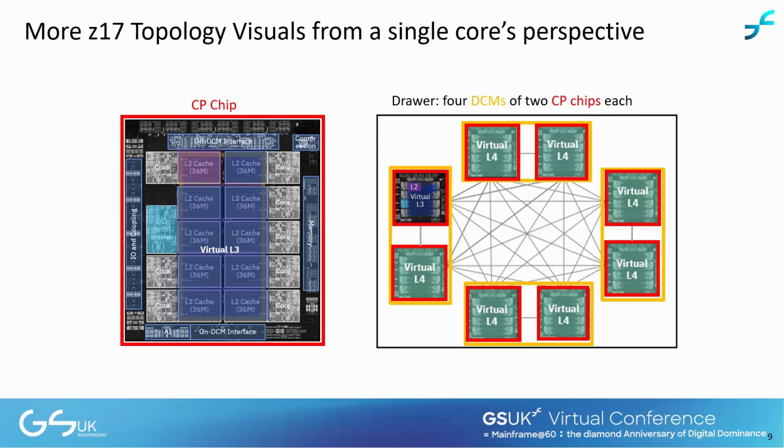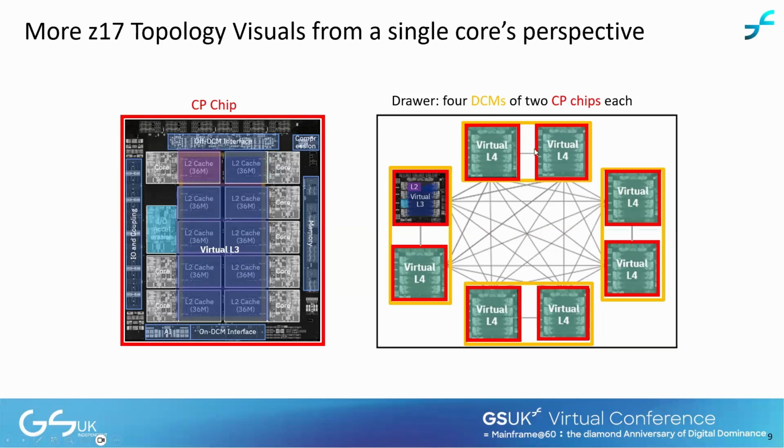And before I go to the one at the right, I'll also point out in the bottom left, this AI, artificial intelligence unit. So we have a slide on that coming up. So again, red box for consistency with the previous couple slides, denoting the CP chip boundary.